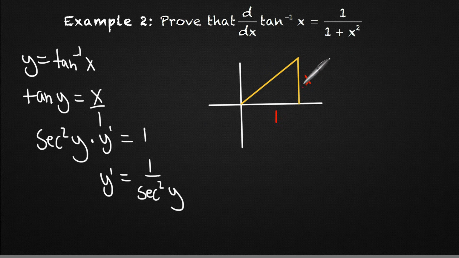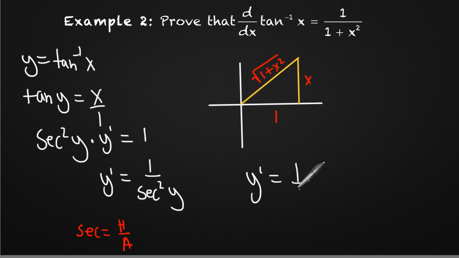And if we do the Pythagorean theorem, we will get the square root of 1 plus x squared. All right, so the secant is the hypotenuse over the adjacent side. The hypotenuse is root 1 plus x squared over 1, the adjacent side. But when you square that, it's going to end up giving you y prime is equal to 1 over 1 plus x squared.